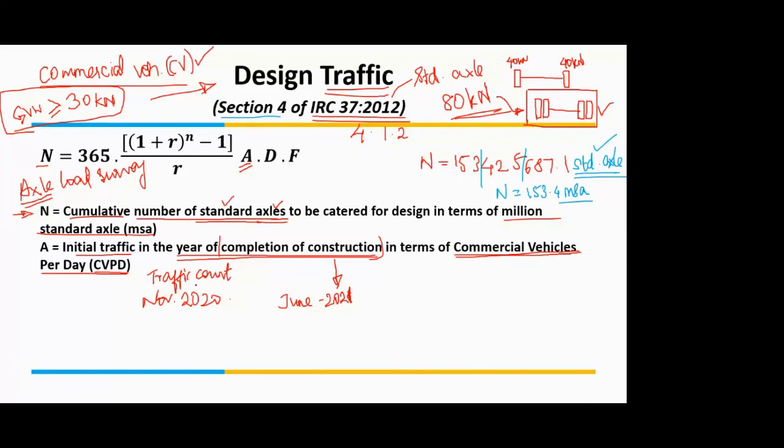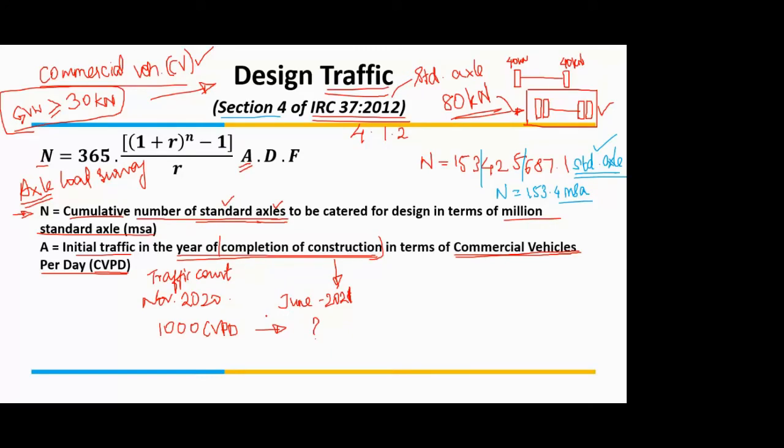So obviously whatever traffic count you do today, suppose it's 1000 CVPD, that is 1000 commercial vehicles per day, that same count will not be there in June 2021, because you know that the number of vehicles goes on increasing. It might not increase by 50% or 100%, it might increase by a very small amount like 5% or 7%, but that too you have to take into consideration.